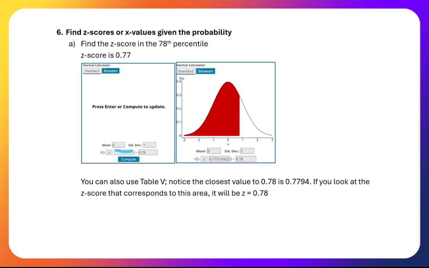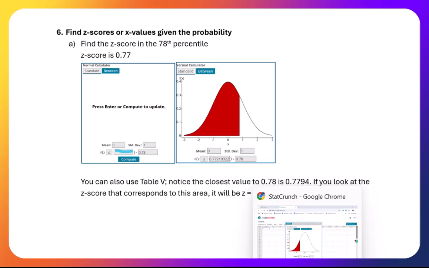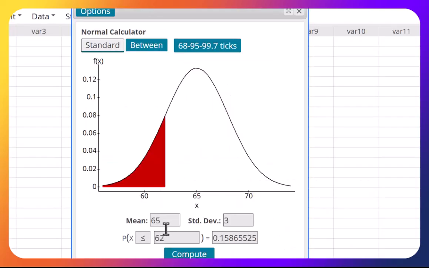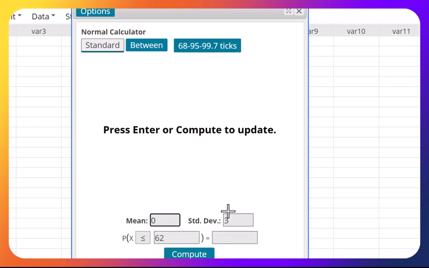Let me show you how you could do that using StatCrunch. Since we're talking about z, it's 0, 1, so you have to go back to 0, 1. He asks what z-score is in the 78th percentile. The 78th percentile is the area to the left.